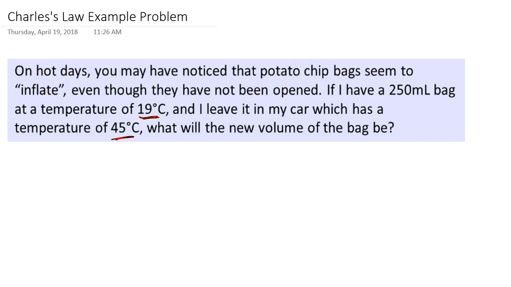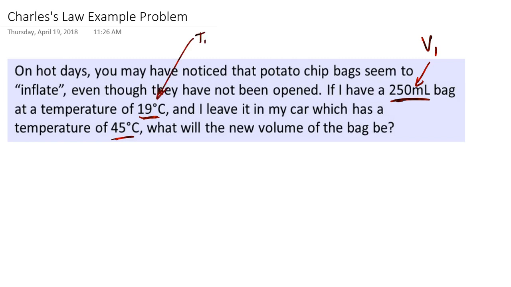So as I read through the problem and I come upon the variables, for example 250 milliliters, I should be thinking, okay, milliliters are units of volume, so this is a volume. Since it's my original volume of my system, I will call this V1. When I have a 250 milliliter volume to this bag, the temperature at that same time was 19 degrees Celsius.